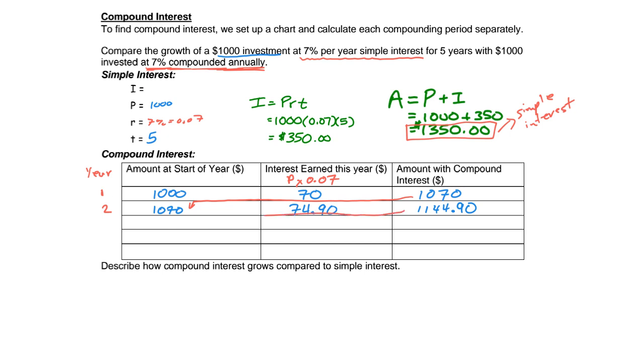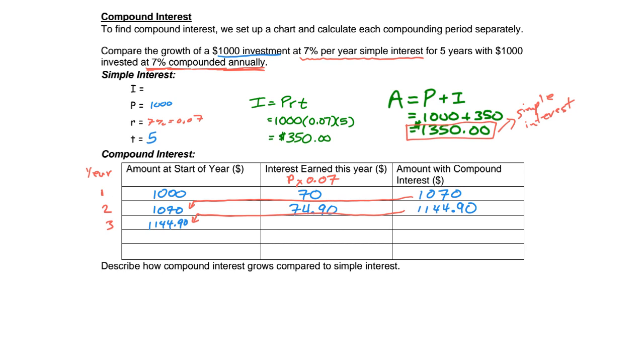And remember that money that we had at the end of the year? Now we're going to take that again and push it to the front of the next year. So now we have $1,144.90 starting at the beginning of year 3. And this is so cool.